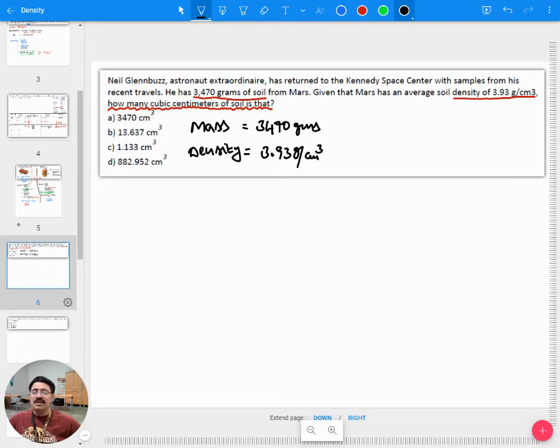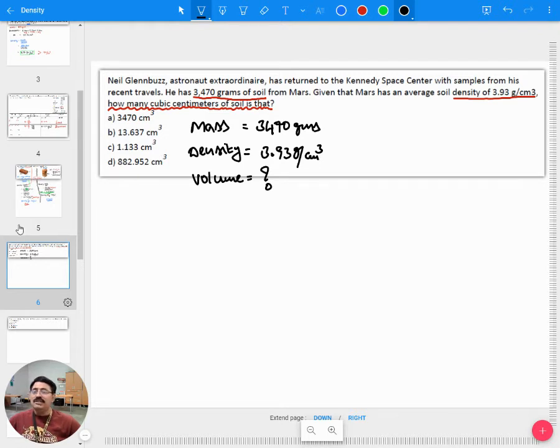So the missing element is obviously the volume. You know that density equals mass per volume, but you are not asked to find the density, you are asked to find the volume.